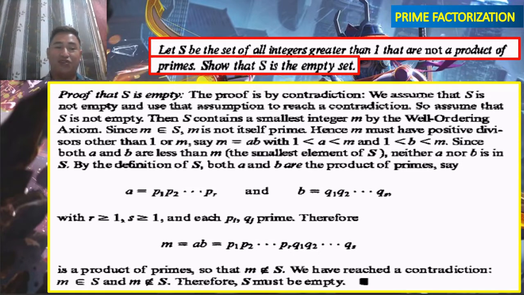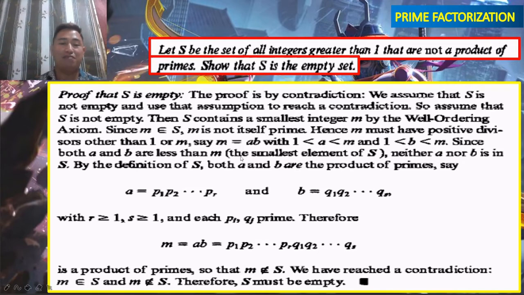Kasi positive divisors other than 1 ug ni M mana si A ug si B. Okay. Since both A and B are less than M, siyempre, dapat gamay sila kay divisors ragod sila. Tama? So, less than sila kang M.